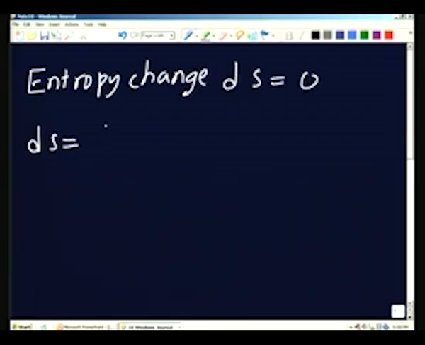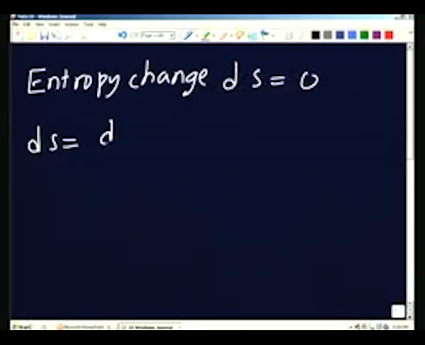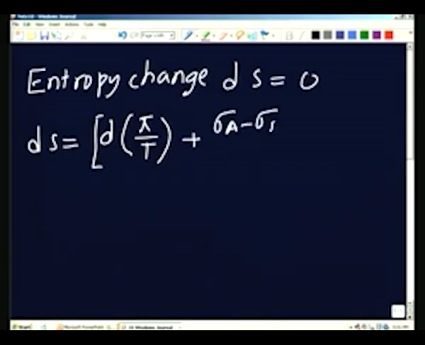The heat is absorbed at one of the junctions at temperature T, so the entropy change is pi by T, where pi is the heat absorbed or rejected divided by the temperature at that junction, and the other junction is at T plus delta T. Therefore, I can say that the entropy change is d of pi by T for a small temperature difference between the two junctions, plus sigma A minus sigma B into dt divided by T, of course multiplied by I.